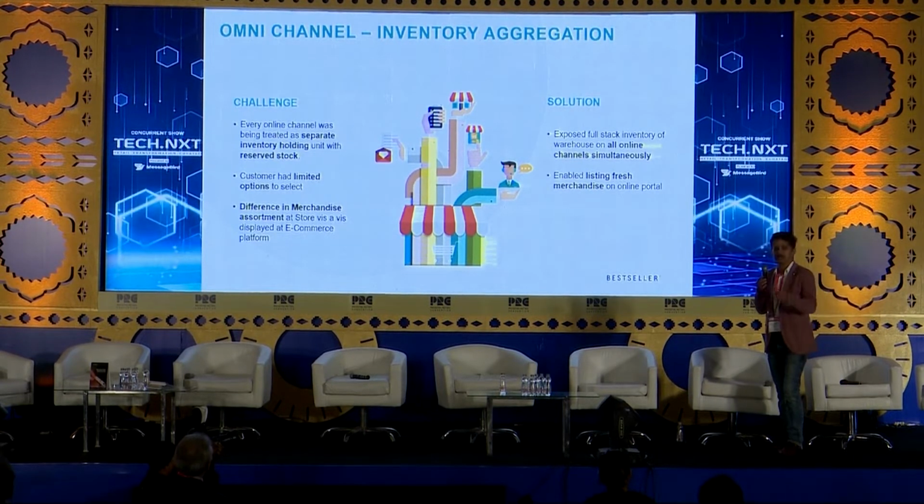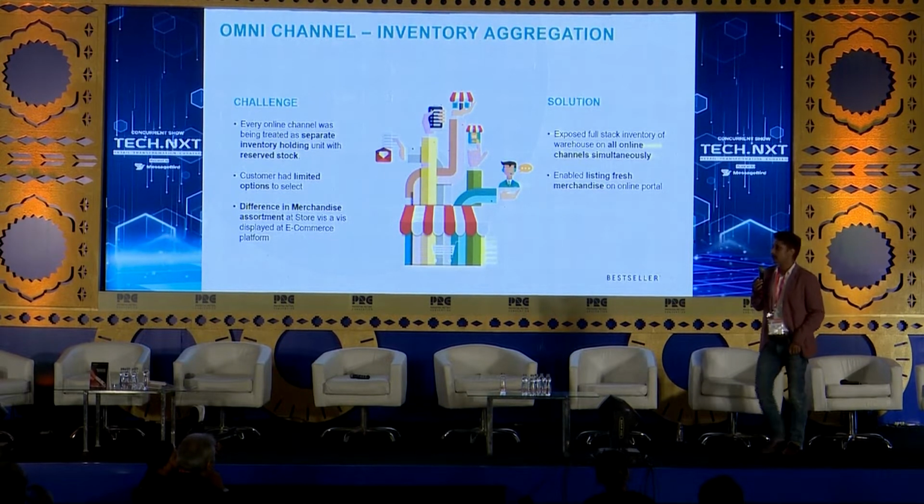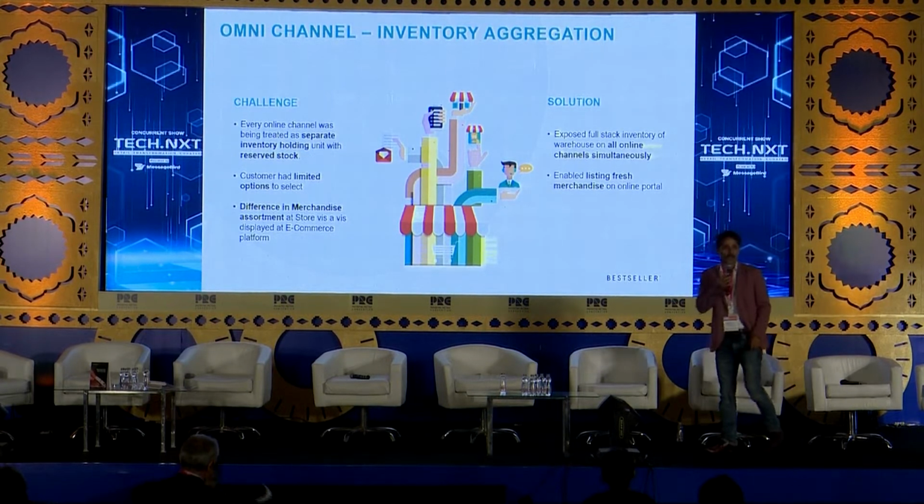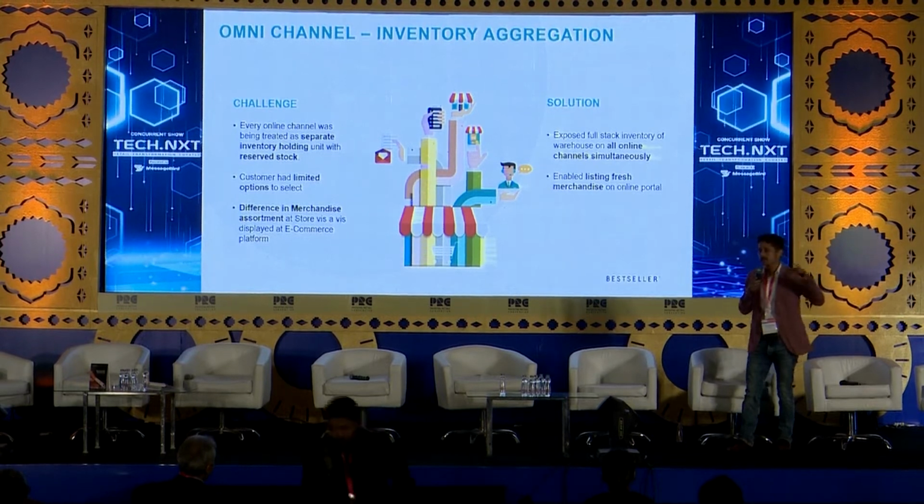So we had reserved inventory for our EBOs, SIS, and even going online. For our D2C side, there was a separate inventory which was reserved. Then for the likes of Myntra, Ajio, there was a separate set of inventory which was reserved. And this was leading to very limited choices being available, particularly on D2C and on the partner online channels.